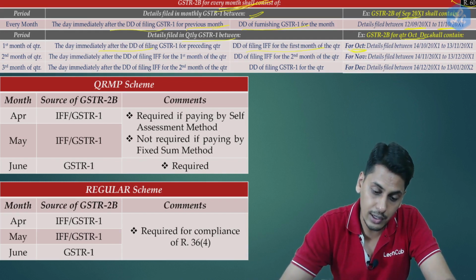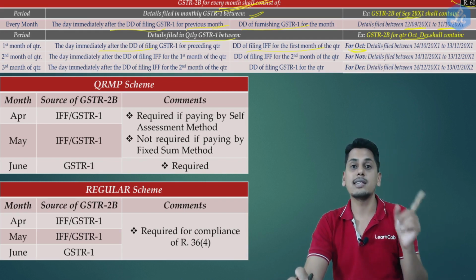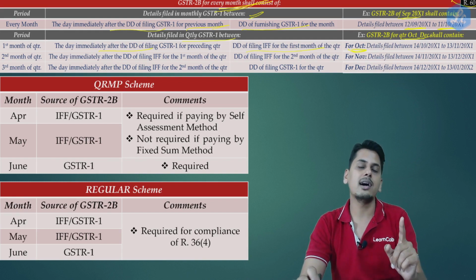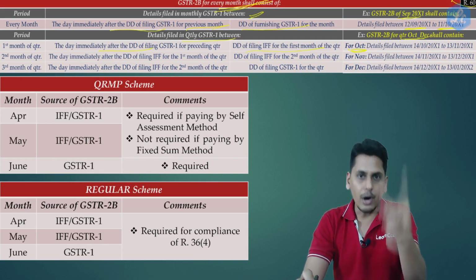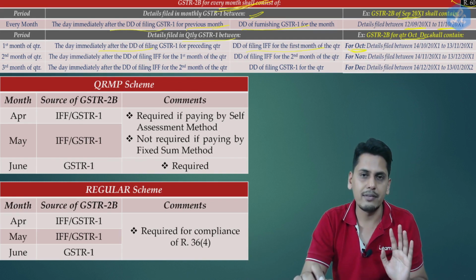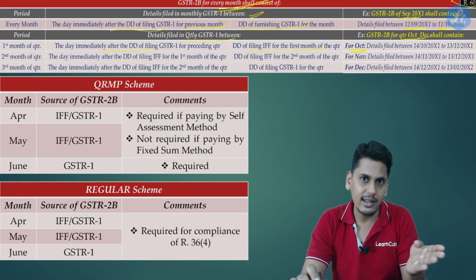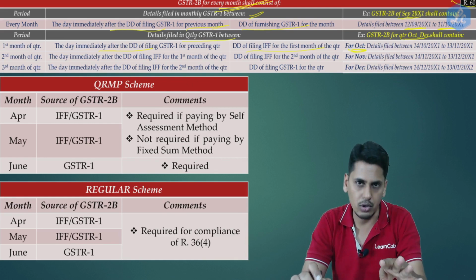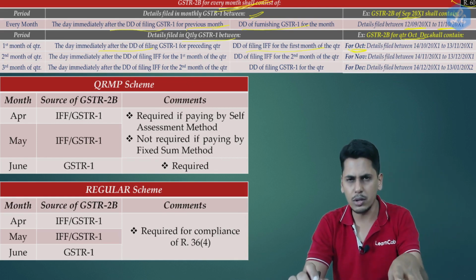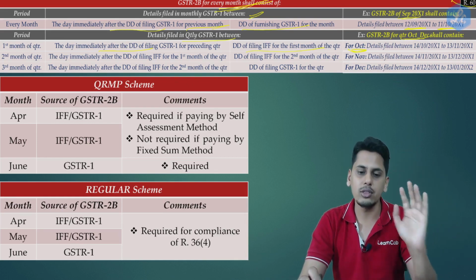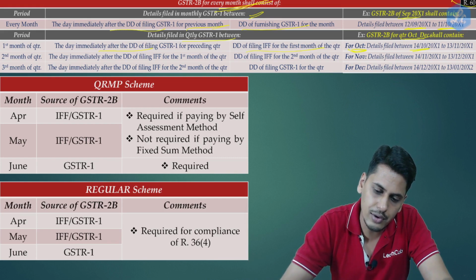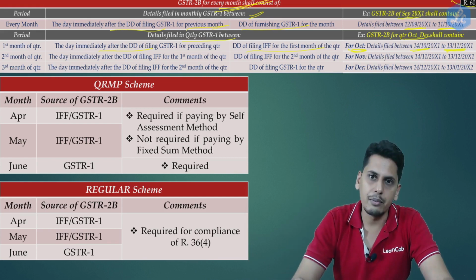Now for the month of October, my vendor is a quarterly filer. For October, the due date is 13th of November. 13th of November is the cutoff date. What is going to be the starting date? Obviously 14th of October, because for September it was 13th October. Add one more day, it will become 14th of October. So here we go, 14th of October till 13th of November.